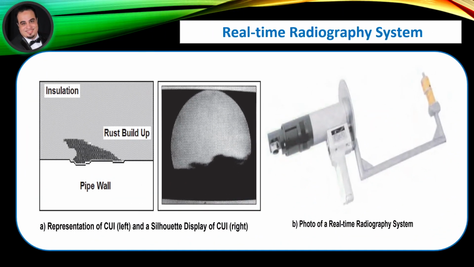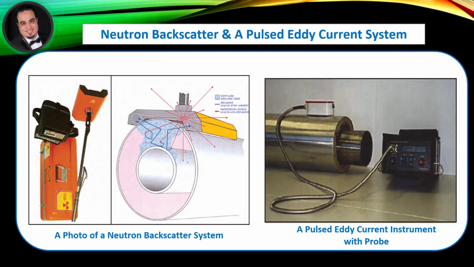As illustrated in figures. Example of real-time radiography system. Representation of corrosion under insulation on the left, and a silhouette display of corrosion under insulation, right. As illustrated in figures.